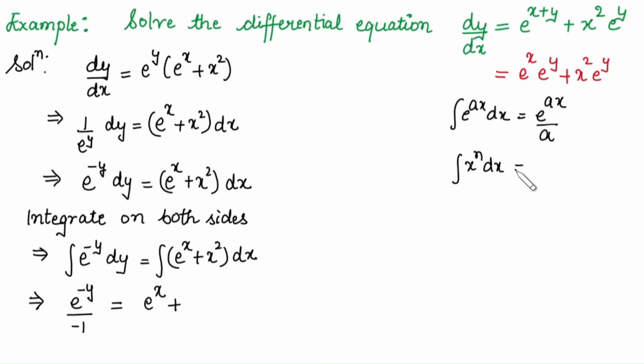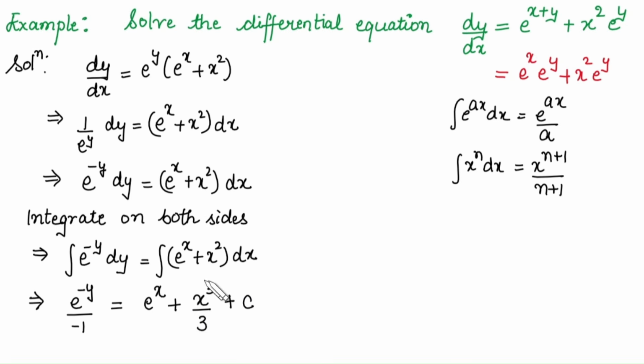That is equal to x raised to power n plus 1 upon n plus 1. Use this integral formula to answer this. That is equal to x cubed by 3 plus constant.